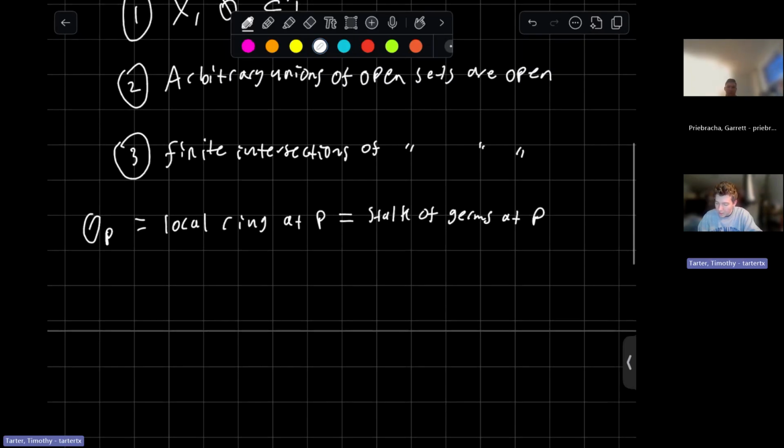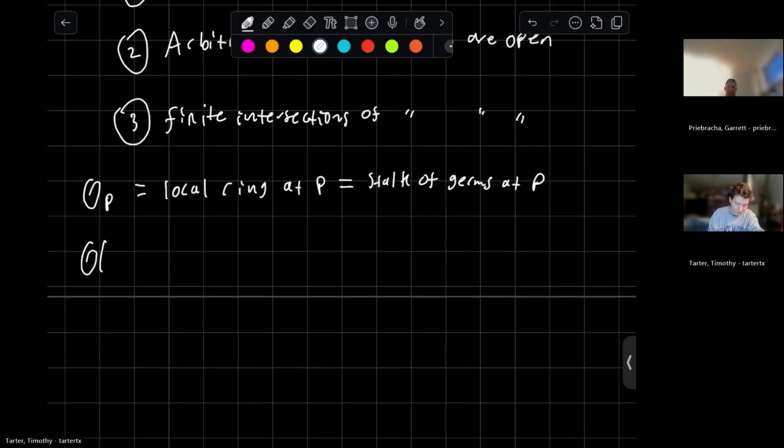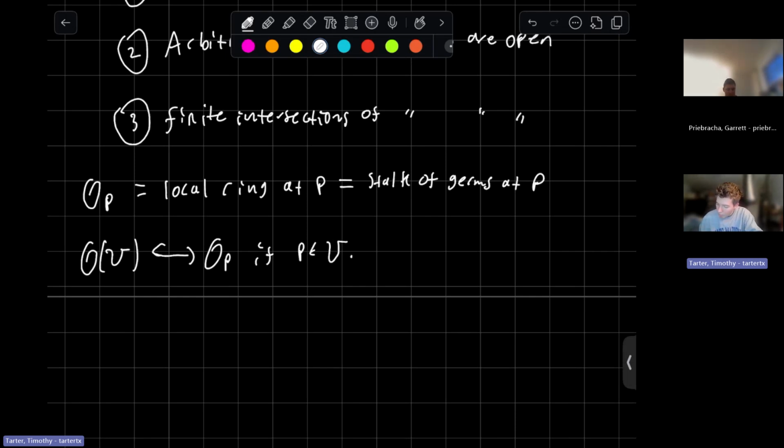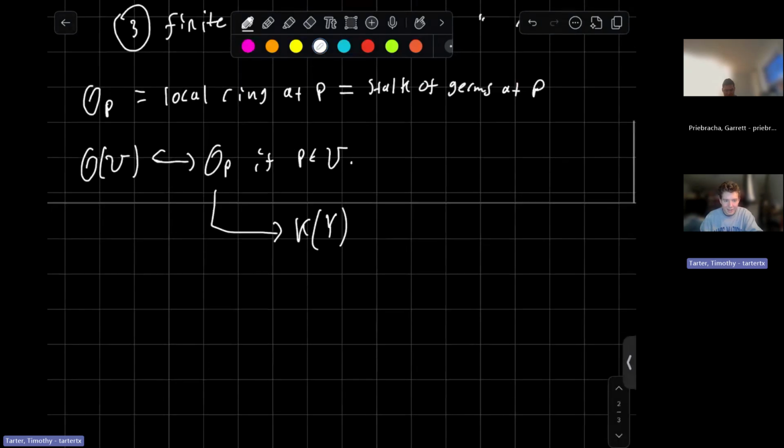If P is in U, you get a map from O of U as an injection into the local ring at P if P is in U. And really, like we talked about this in Hartshorne, but this also goes into K of Y, right? So we're doing stuff that we've seen before.